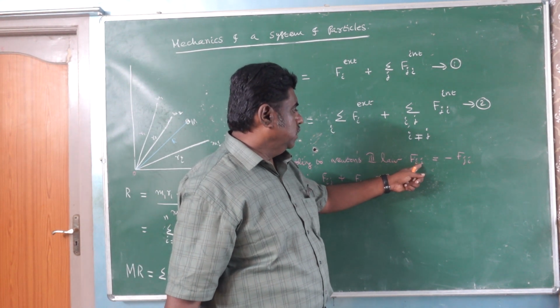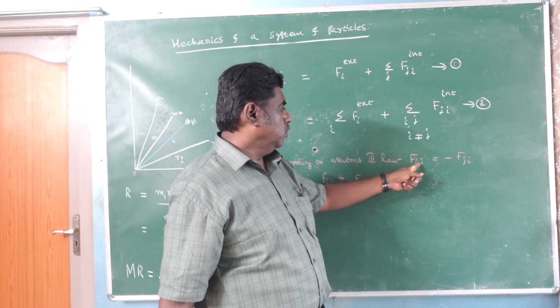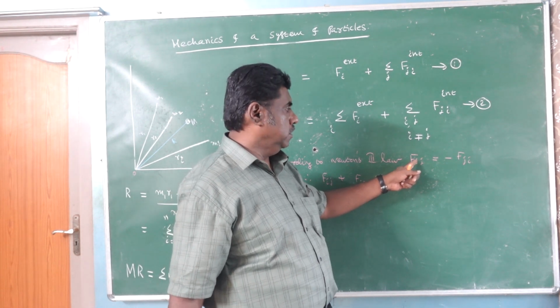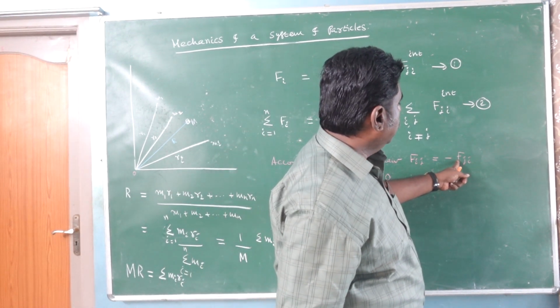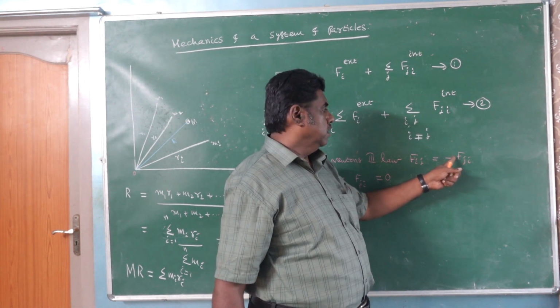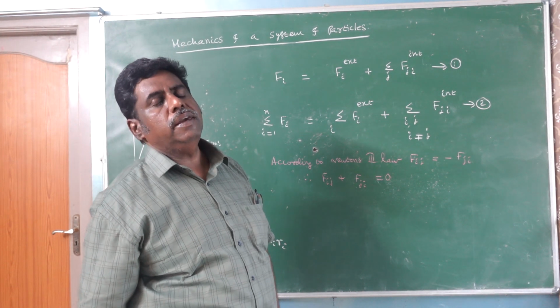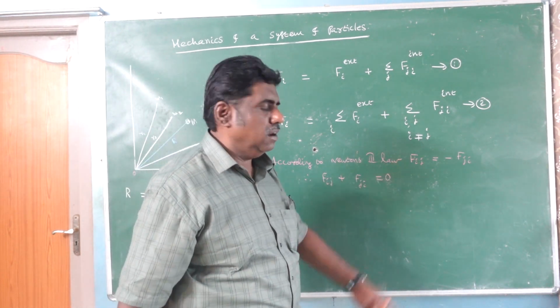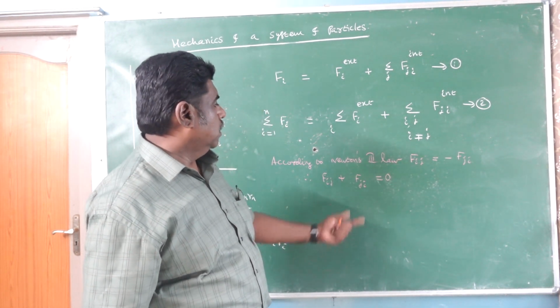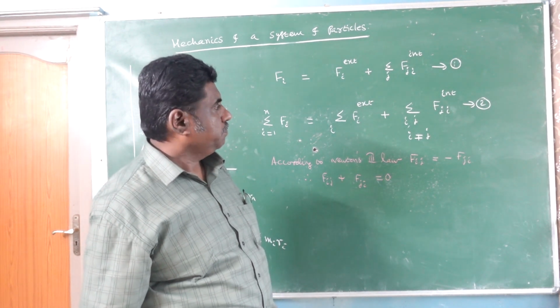The force acting on the jth particle due to the presence of the ith particle is equal to the force acting on the ith particle due to the presence of the jth particle with opposite sign, which means the two forces are equal in magnitude but opposite in direction. Therefore, the summation of these two provides 0.